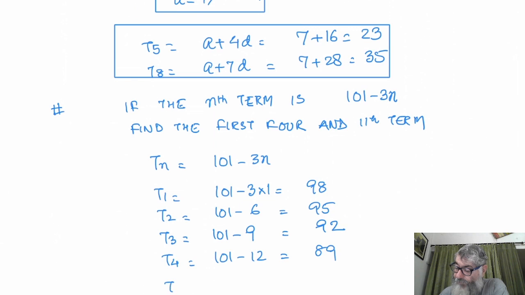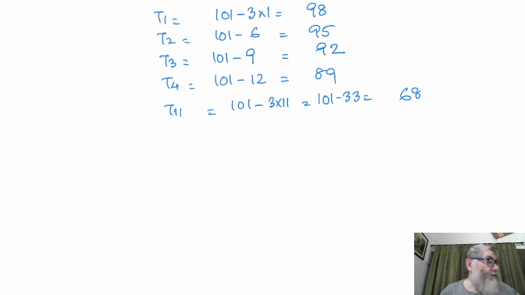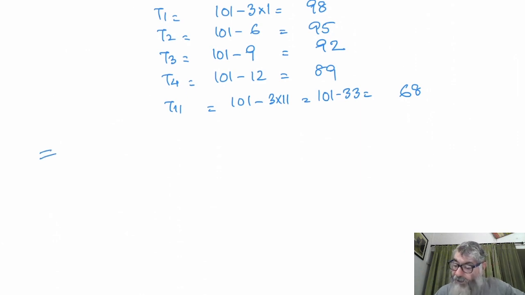And T11 will be 101 minus 3 into 11, that is 101 minus 33. 101 minus 33 is 68. That is the answer. Let's see one more sum before we wrap up this video.